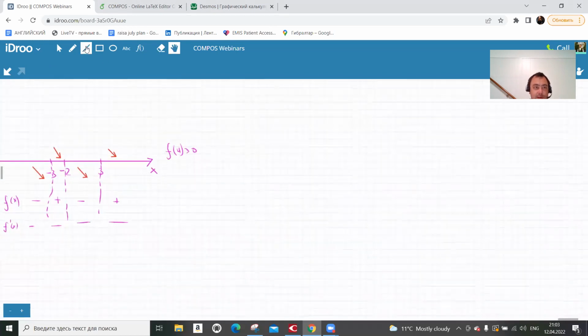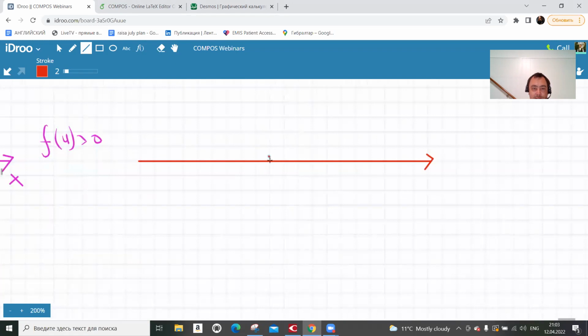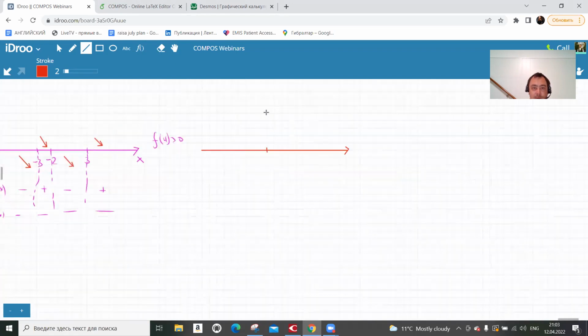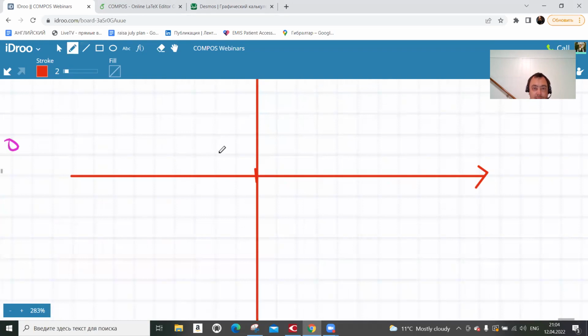Okay. And then you start sketching. And it might seem like a handful at first, but actually it's not that bad. So let's say that this is 0. Then we have -3, -2, and 3.